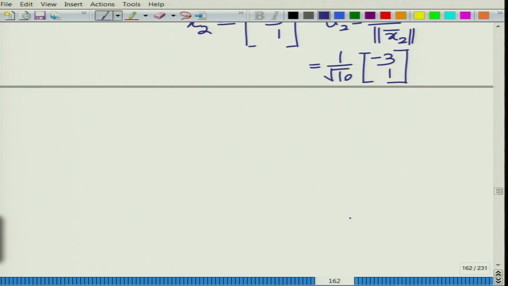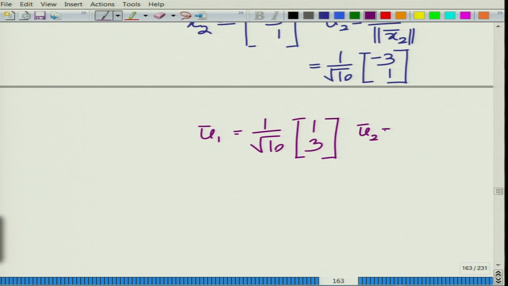Okay. Now, let us look at these two unit norm eigenvectors: u1 bar equals 1 over square root of 10 times 1 comma 3, and u2 bar equals 1 over square root of 10 times minus 3 comma 1.